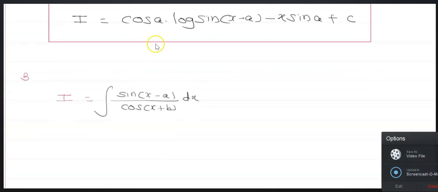Now here the denominator is cos of (x + b), the angle of the cos is x + b. Now in the numerator the sine has the angle x − a. Therefore we will write this x − a as (x + b) − a − b, in this form. See this here.